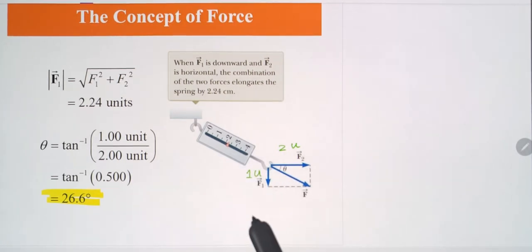However, this angle will have to be negative 26.6 because it's clockwise. That's correct, but it won't matter in this problem. Okay. In this problem, it won't matter because we already know the angle. Yeah, I got it.